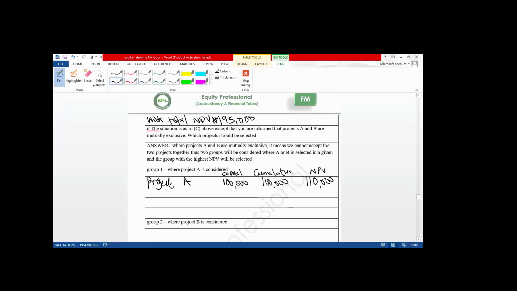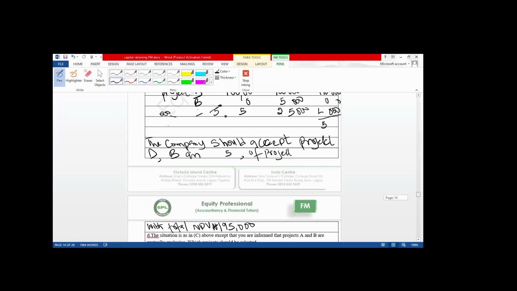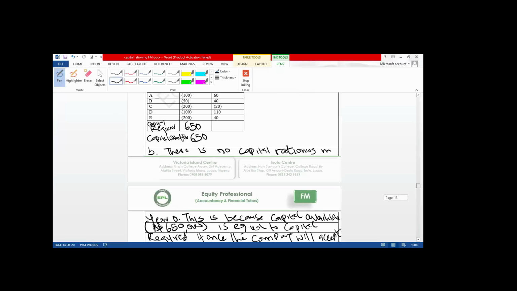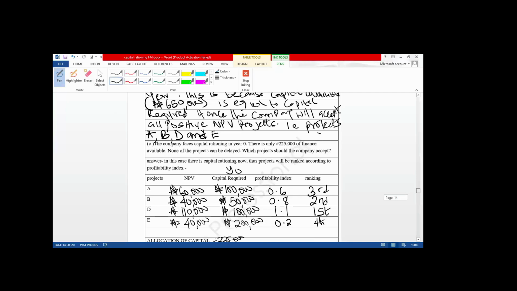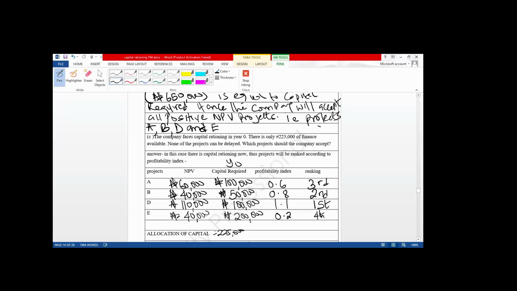Project D, sorry, not project A. Next, we are supposed to take project B. But the examiner says projects A and B are mutually exclusive. In this case, you are going to ignore project B. You go to project A.